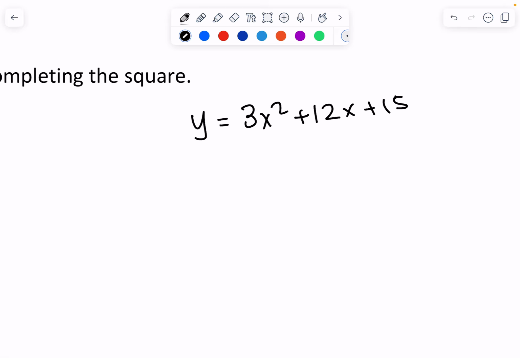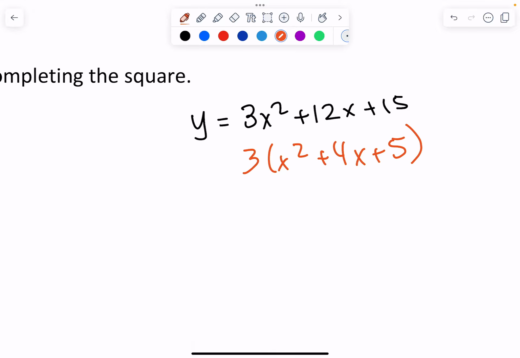And I'm not going to factor it out of all 3 terms, even though 3 does go into all 3 values evenly. I'm only going to factor it out of the first 2 because even if I factor it out of all 3 terms, I don't get a perfect square trinomial. And that's my whole goal. I want a perfect square trinomial to be what's in the parentheses. So I'm only going to factor it out of the first 2 terms.